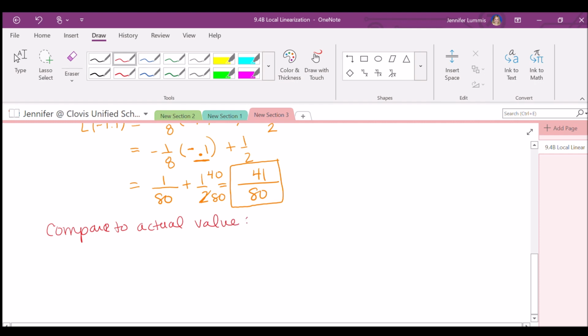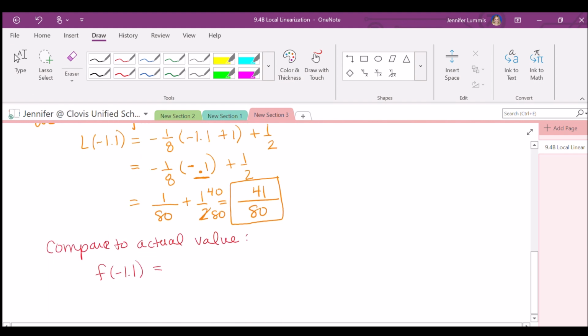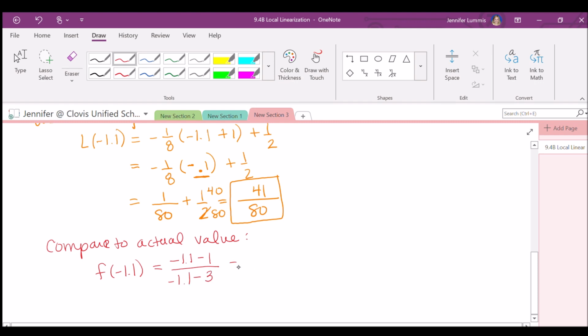All right, so f of negative 1.1 is, where's our function here? Negative 1.1 minus 1 over negative 1.1 minus 3. So 0.512.